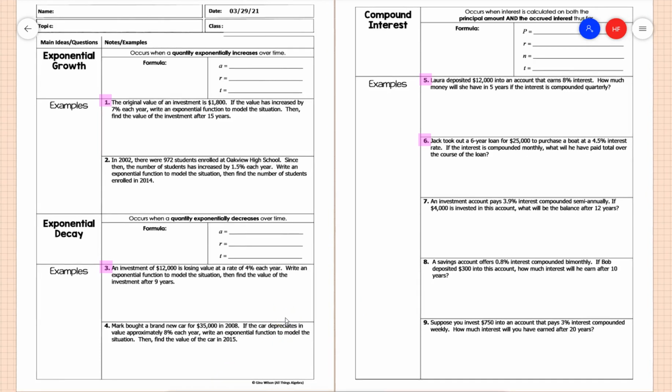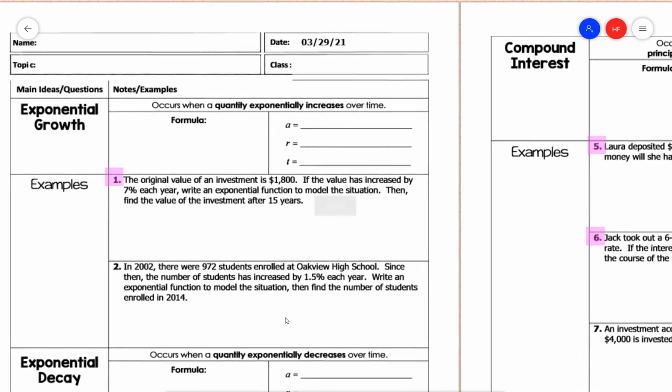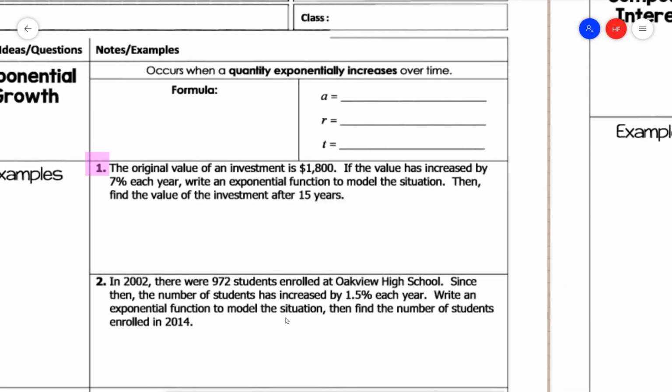So on this first set of problems, our quantity will exponentially increase over some amount of time. So when we're writing in the formula, we've got the amount after that time will equal a times 1 plus r to the power of t.